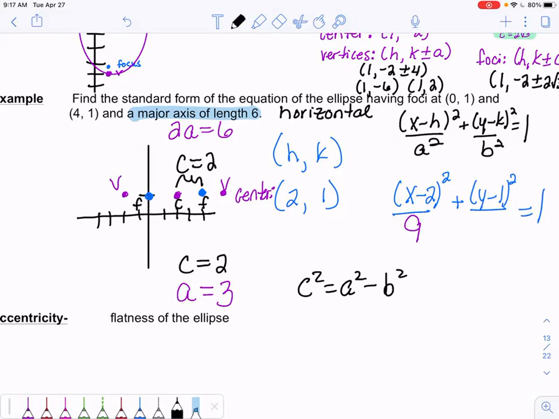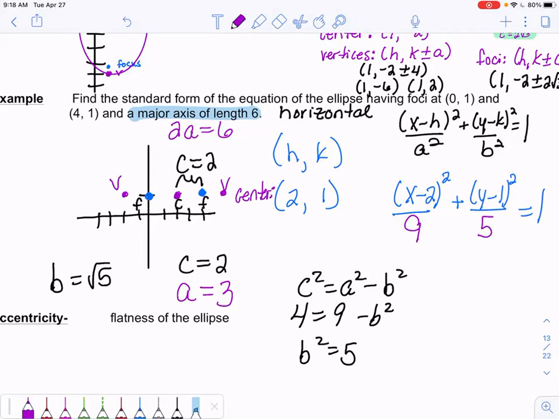So that formula we use to find C, if you know C and I square it, I can also find B. So Cole, B squared would be equal to, or just, so you gave me B. B is the square root of 5. B squared would just be 5.